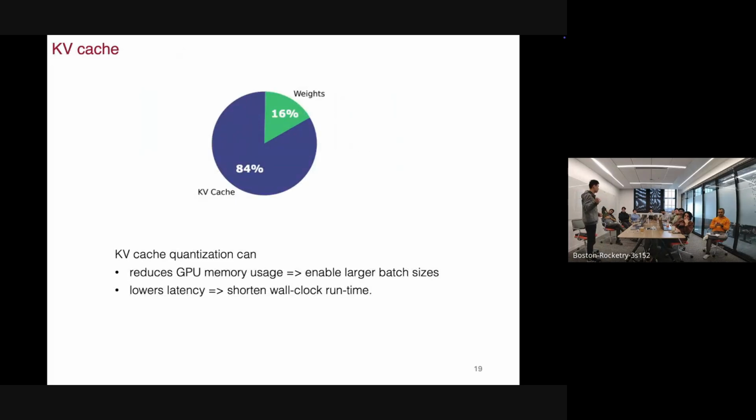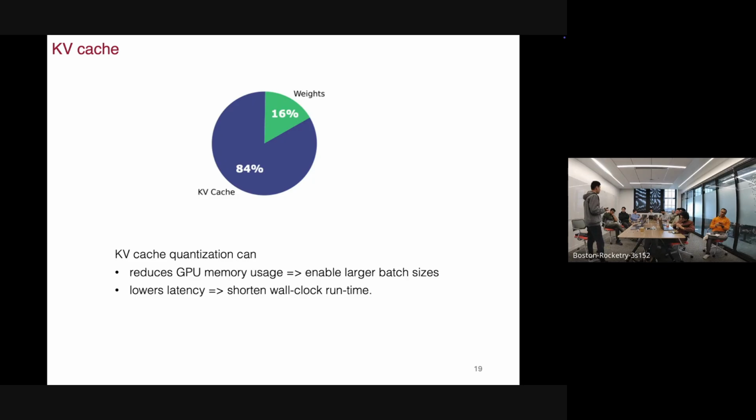So remember this figure. That's a figure I mentioned at the beginning of my talk. When your prompt is long or the response is long, the KV cache can occupy most of your GPU memory rather than the model weights. So the reason we want to do KV cache quantization is because of two reasons. First, it can reduce GPU memory usage, because that's the majority of what is used in GPU memory.